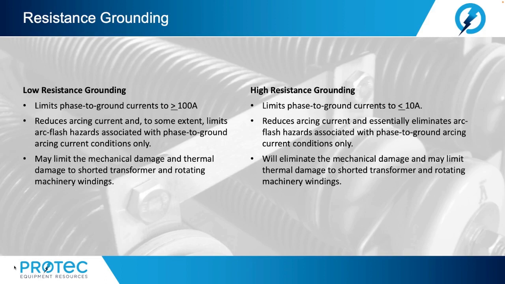In LRG, it may limit the mechanical damage and thermal damage to shorted transformers and rotating machinery windings. In HRG, it will eliminate the mechanical damage and may limit thermal damage to shorted transformers and rotating machinery windings.